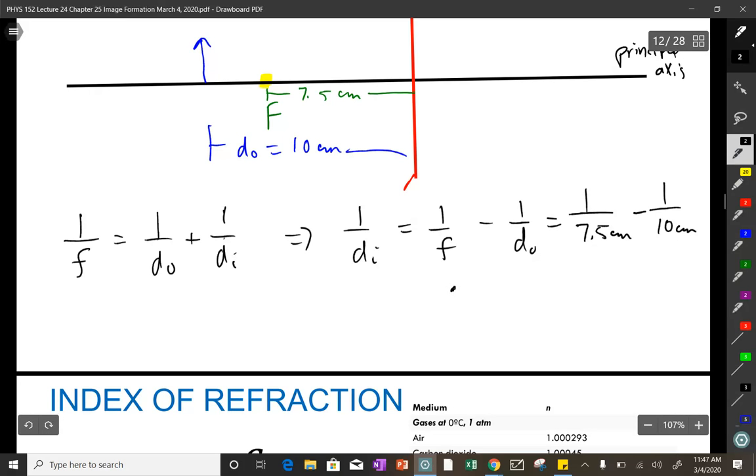I was just doing the math in my head. Well, no, it should be over 2.5. Let's just do the math. 1 divided by 7.5 minus 1 divided by 10.